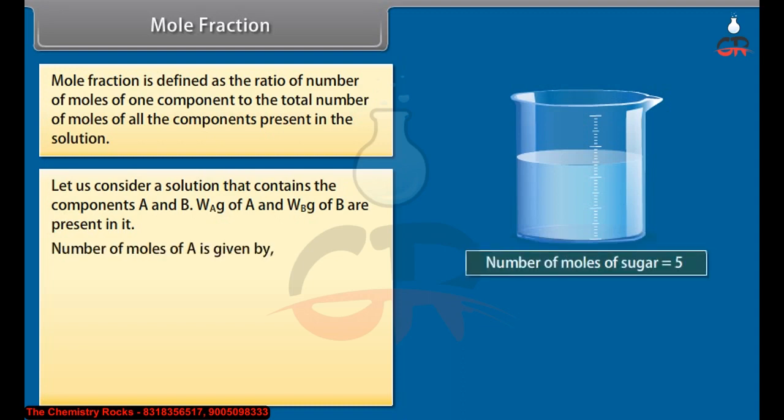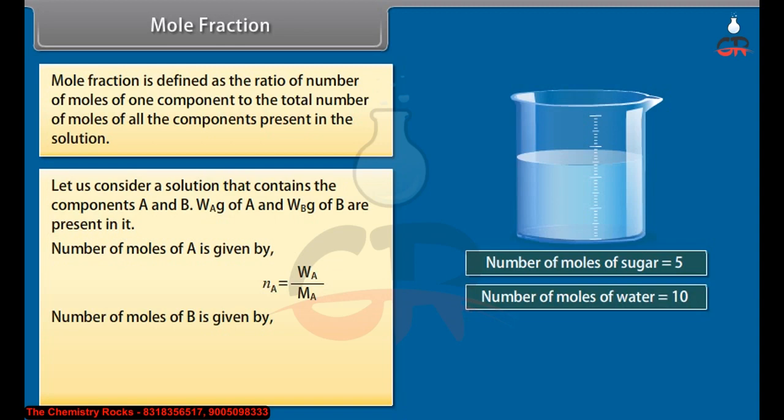Number of moles of A is given by WA upon MA. Number of moles of B is given by WB upon MB. Total number of moles of A and B is equal to NA plus NB.